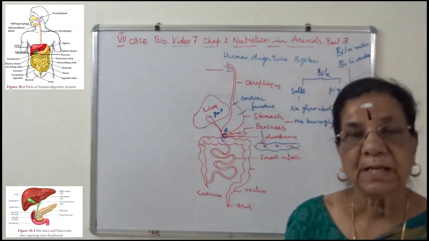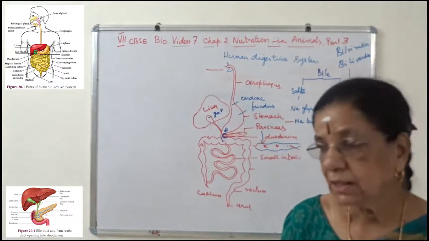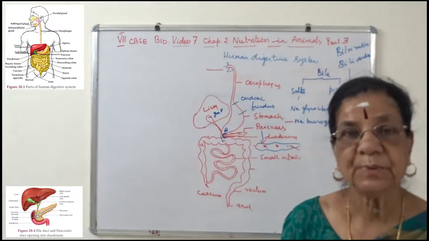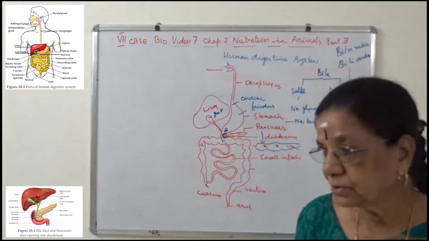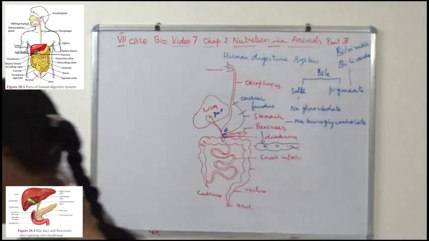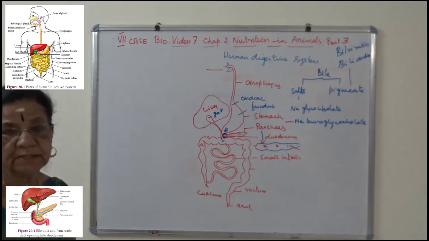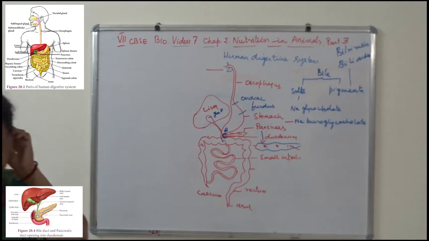These are the pancreatic juice enzyme contents. Trypsin, chymotrypsin and carboxypeptidase act upon protein, making inactive form into active form.